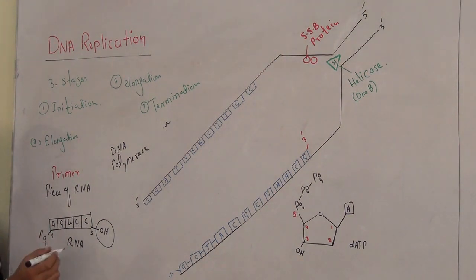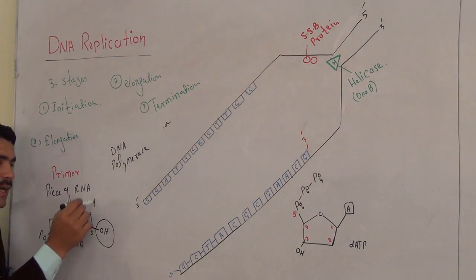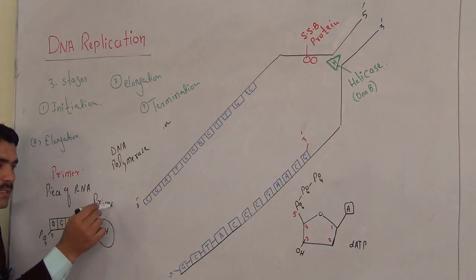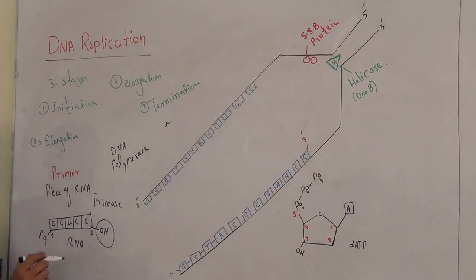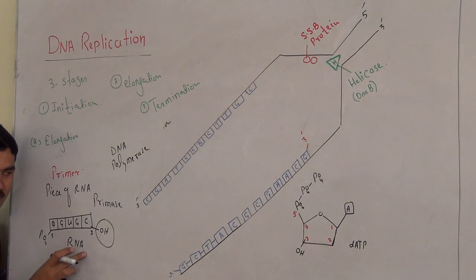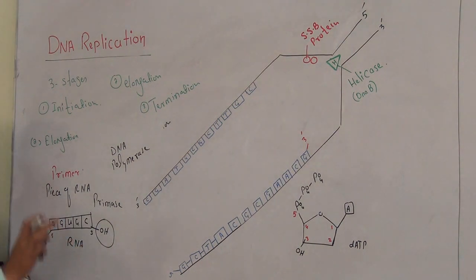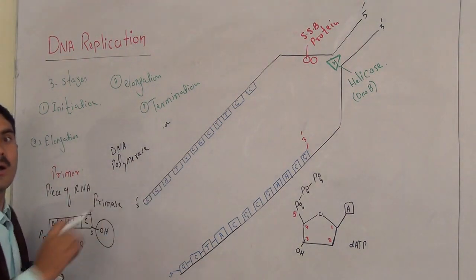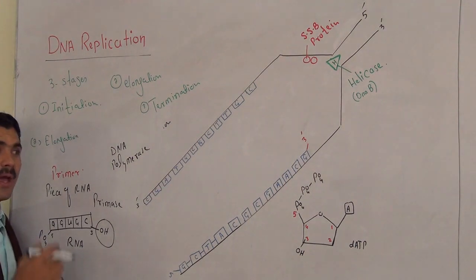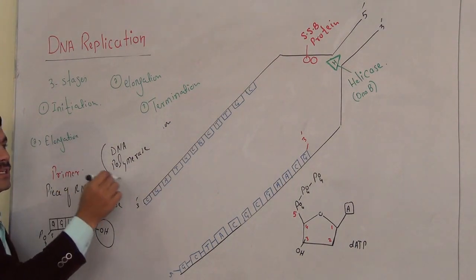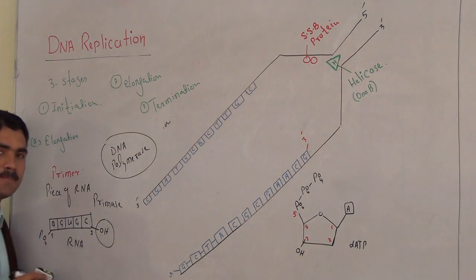There is an enzyme called the primase. As I already told you, we will discuss enzymes during the lecture. So there is an enzyme called the primase enzyme, right? The primase enzyme makes a primer, and that primer is attached to the DNA strand, and then the enzyme DNA polymerase starts its function.